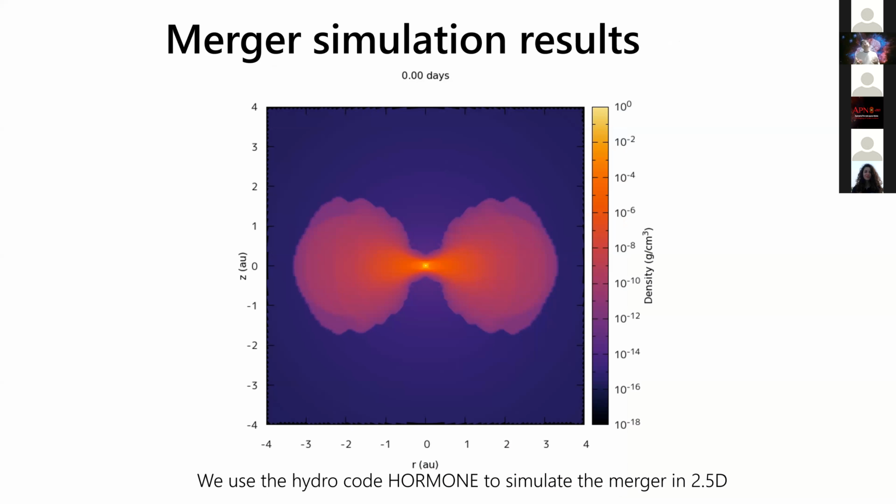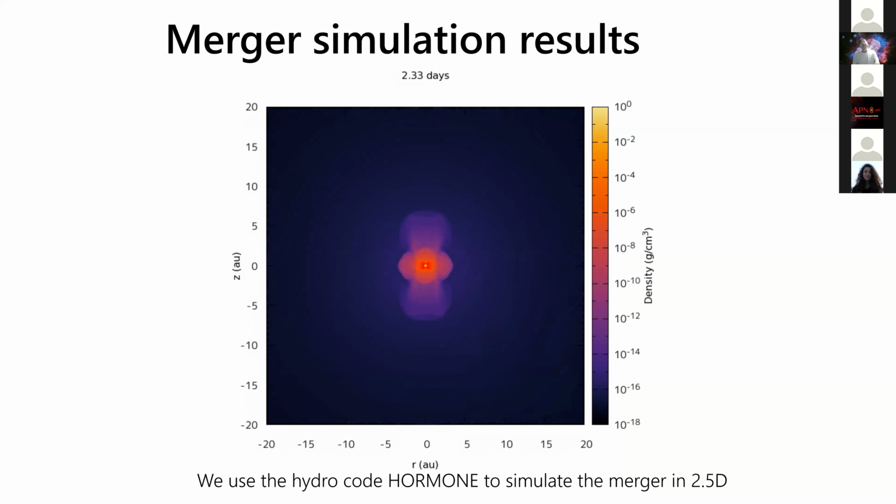Now, we tried to do this in a 2D way, so we pretended there was a merger. Before the merger, there was a common envelope phase which created this very oblate torus-like envelope, and in the middle, the merger happens, so we inject some energy and angular momentum there, and see how the explosion goes.